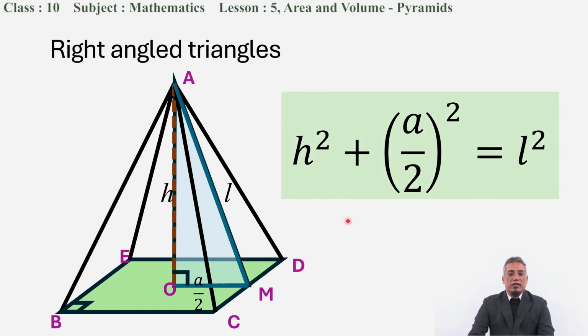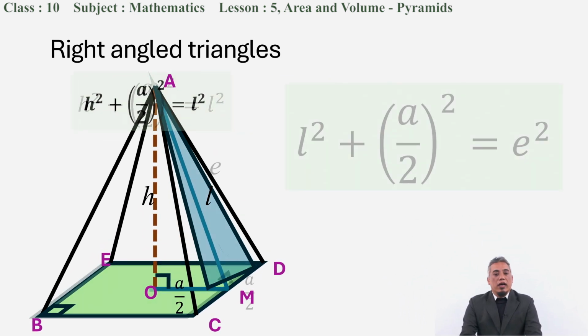Now we discuss on right angle triangles of the pyramid. So this triangle AOM, which is highlighted here, it has three sides, H, L and A by 2. This OM is of length A by 2. As this is right angle triangle, Pythagorean relation holds there. That means H as perpendicular, A by 2 as base, and L as hypotenuse.